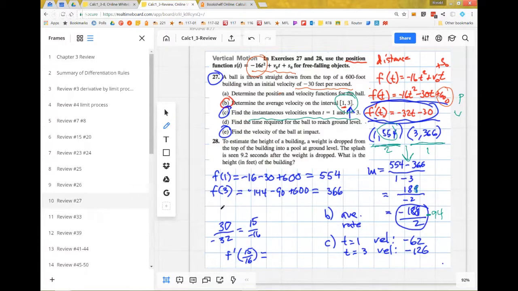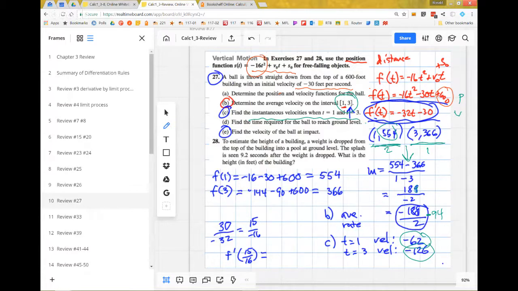Okay, so what's f prime at 1? -32 times 1 is -32. -32 minus 30, -62. Down there. And then what's f prime at 3? Negative 96 minus 30, negative 126.